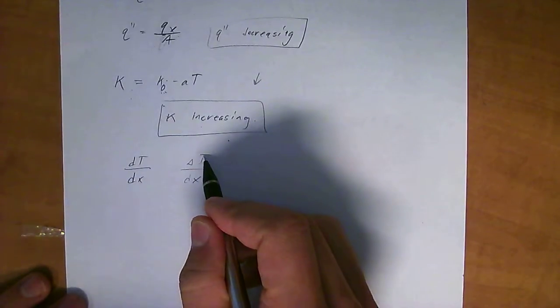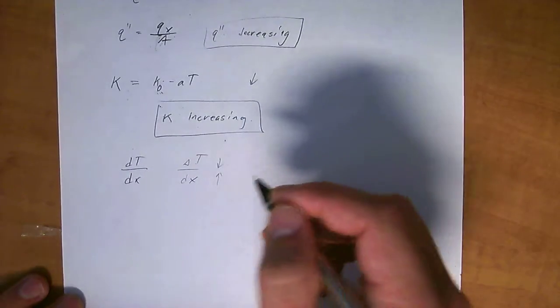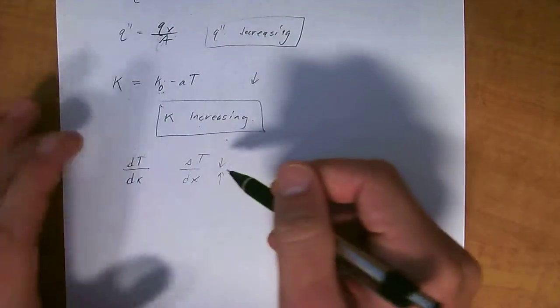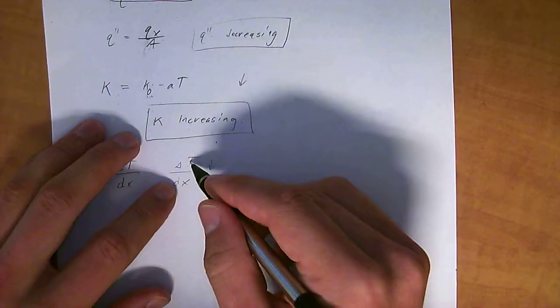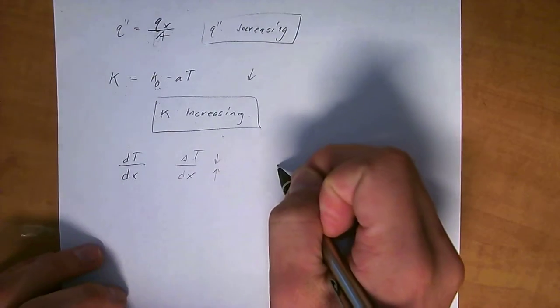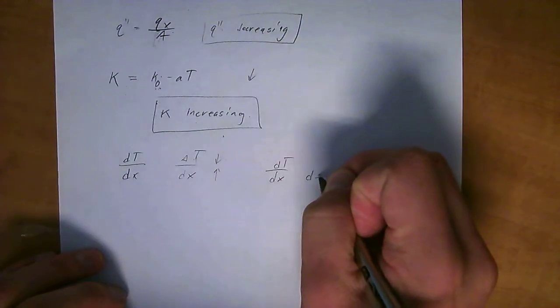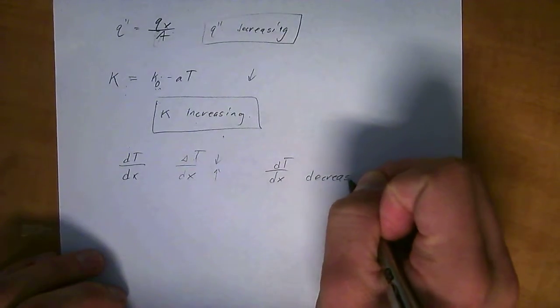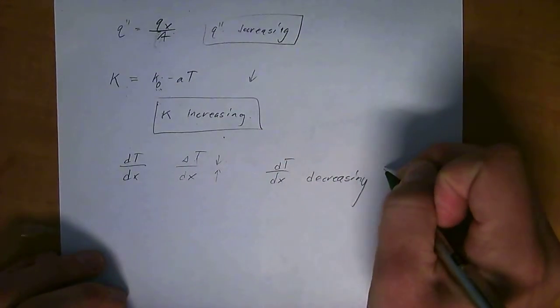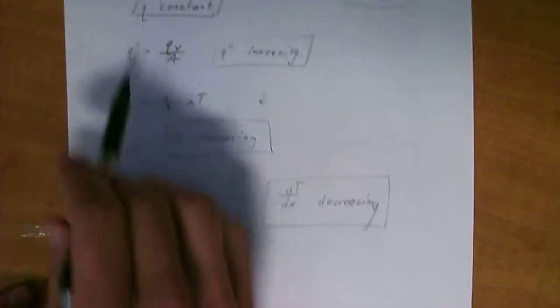We know that temperature is decreasing as you go down, but we also know that x is increasing. As this number gets smaller and this number gets larger, the entire ratio is going to get smaller. So dT over dx is decreasing with increasing x.